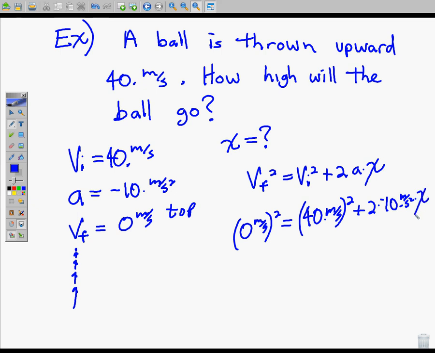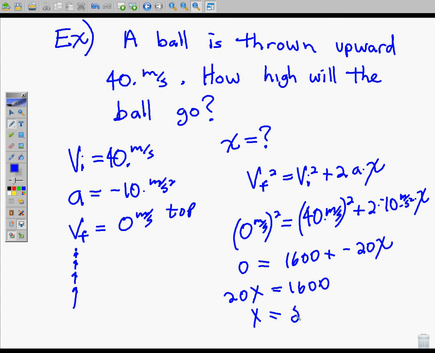So this is going to be 0 equals 1600 plus negative 20x. And then you bring the 20x over to the other side. 20x equals 1600. x equals 80. 80 meters.